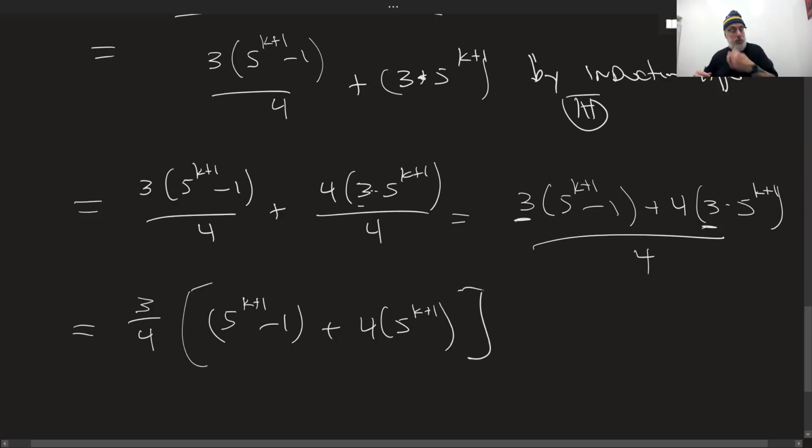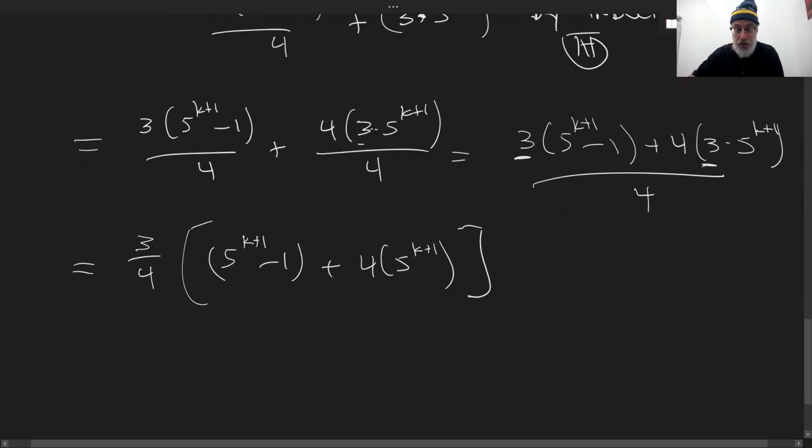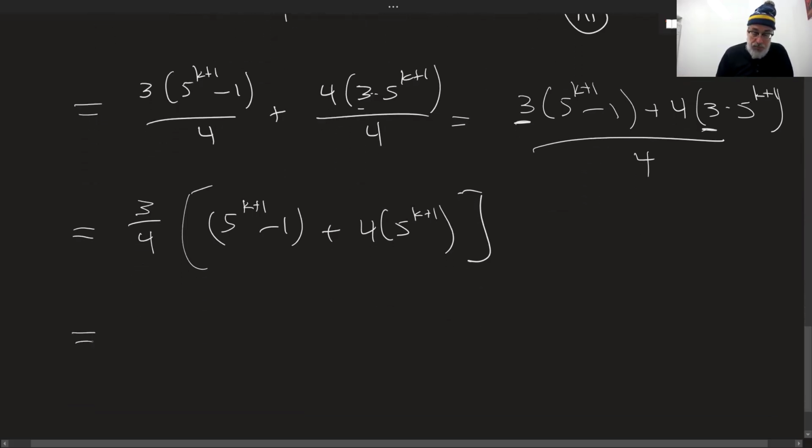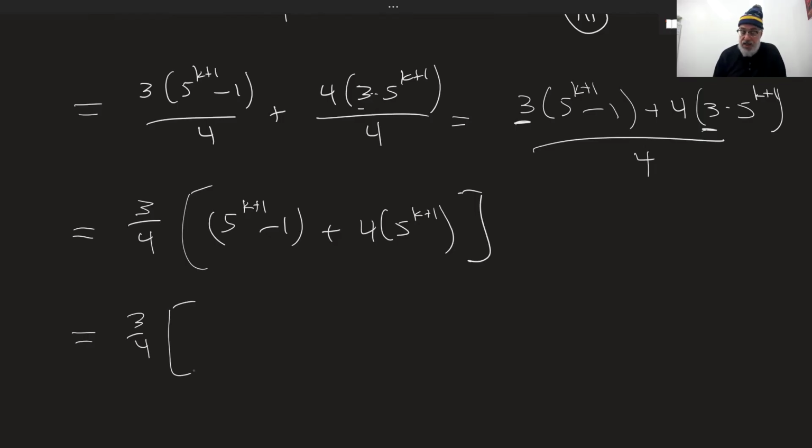So I'm being a little liberal with my parentheses, but it helps me stay on track. I'm writing real big as well. All right, so this is essentially 5^(k+1) minus 1 plus 4 times 5^(k+1).